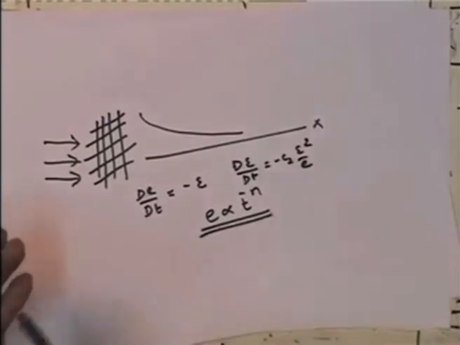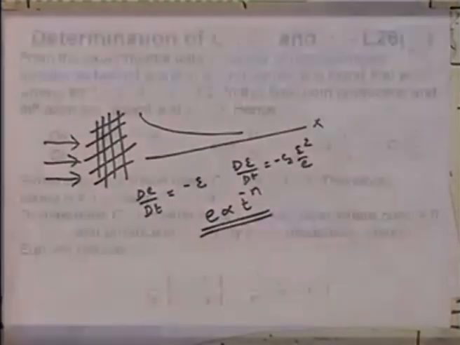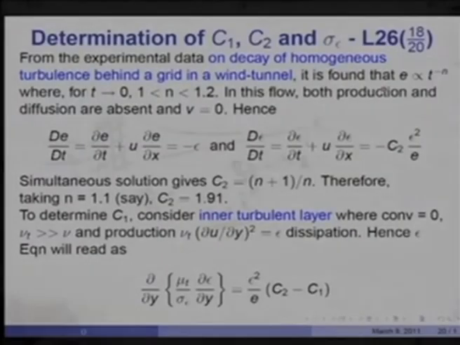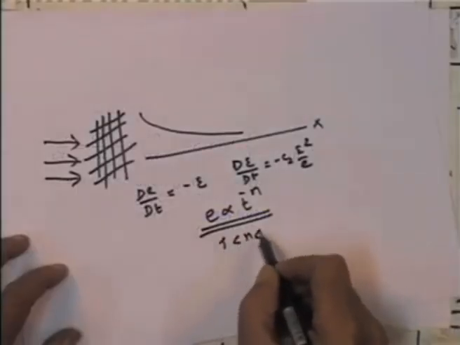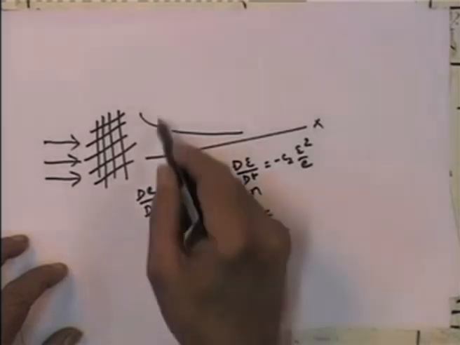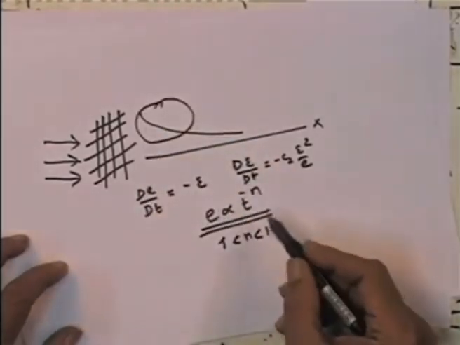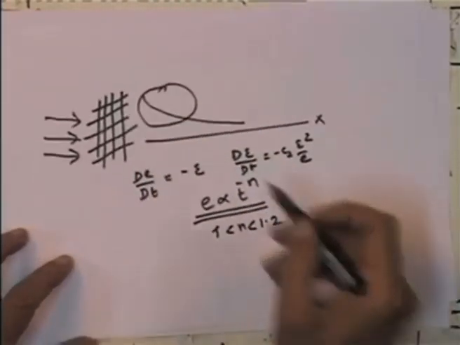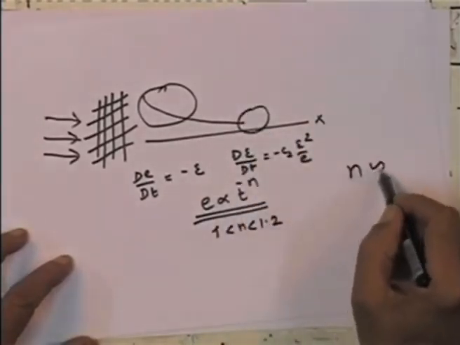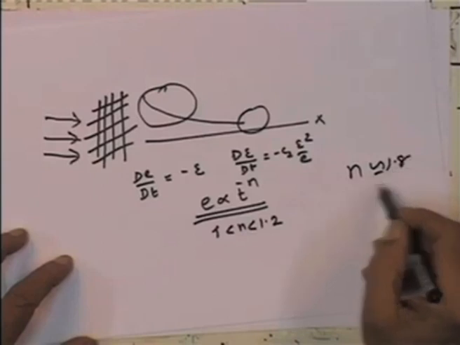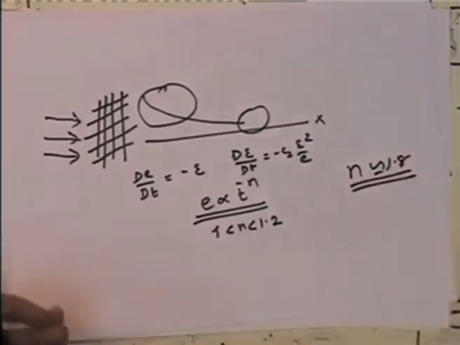And if you look at the experimental data, you find that n varies between 1 and 1.2, at least in the early part or for small times, and for later times n is of the order of 1.8 or so, which we shall look at a little later.